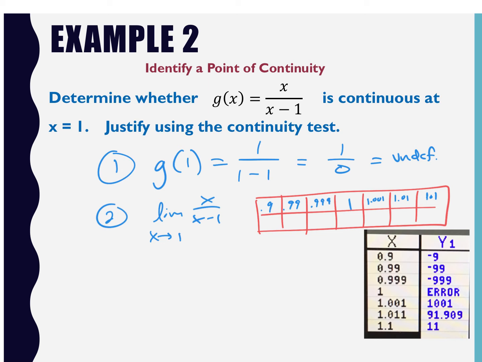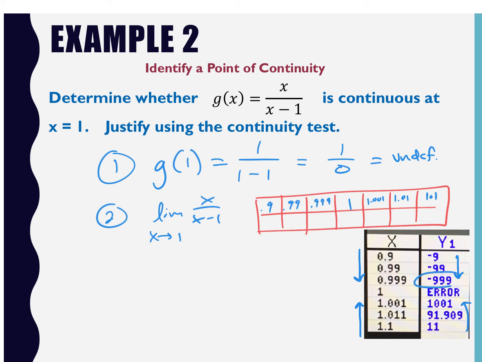Before step 3, let's see if the limit does exist. If you notice the left side, as I plug in values closer and closer to 1, it's approaching negative infinity almost. If you look at the right side, as I approach 1 from the right, getting closer and closer to that point, the outputs go to positive infinity.